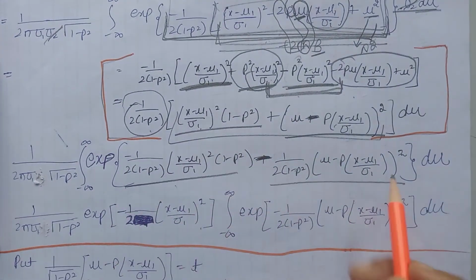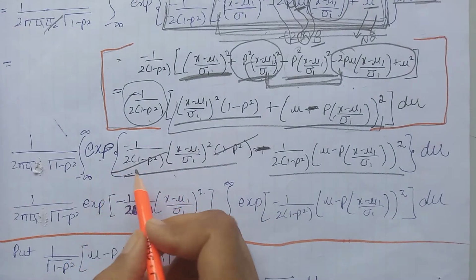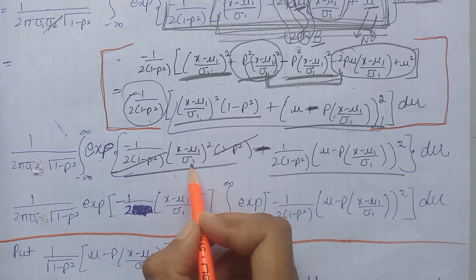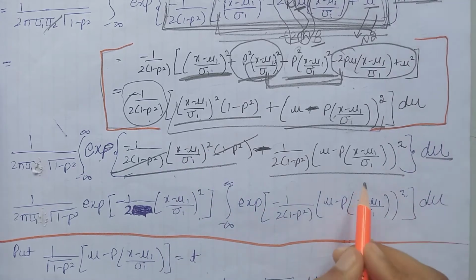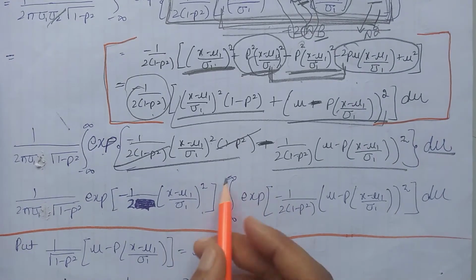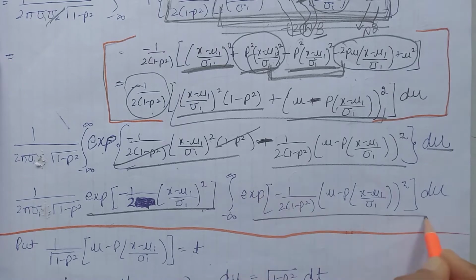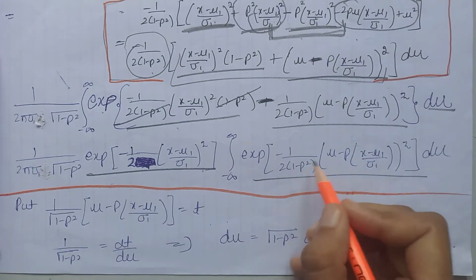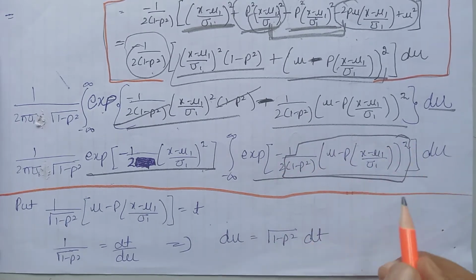After cutting, we can see that e raised to the power minus 1 by 2 times (x minus mu 1 divided by sigma 1) whole square is independent of mu. That's why we will write this term outside the integration, and the rest of the term inside the integration.